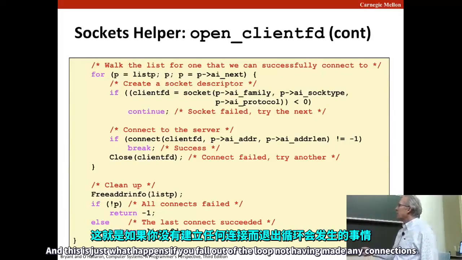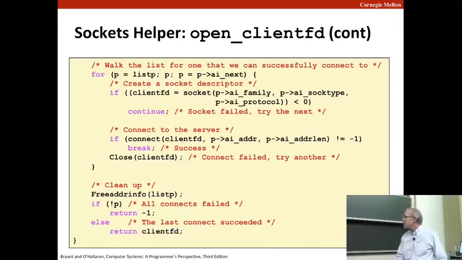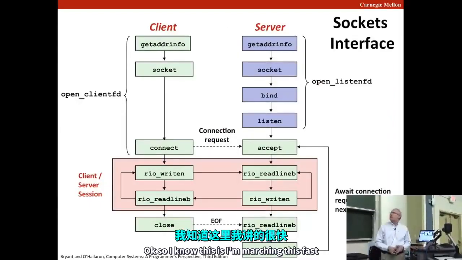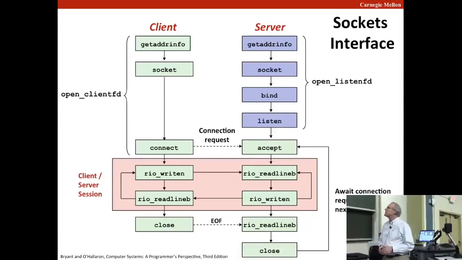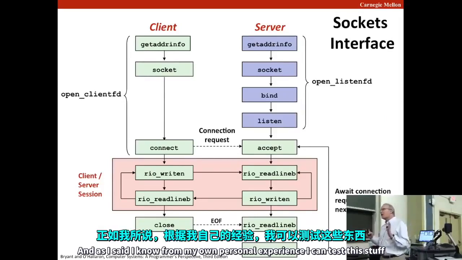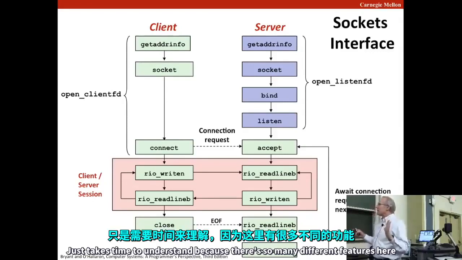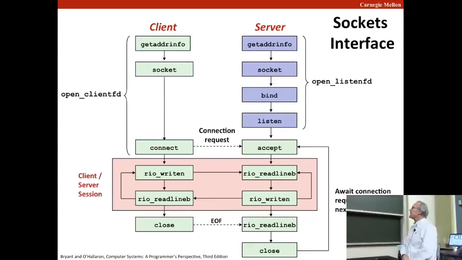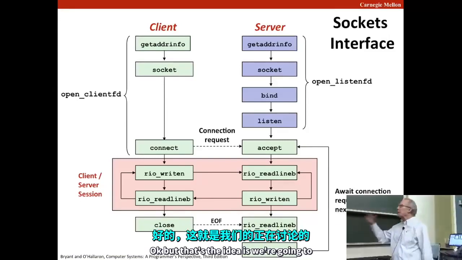And this is just what happens if you fall out of the loop not having made any connections. Okay, so I know I'm marching through this fast, and I can attest from my own personal experience that this stuff just takes time to understand because there are so many different features here.